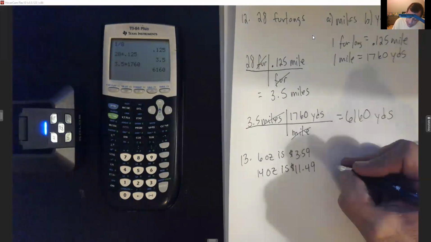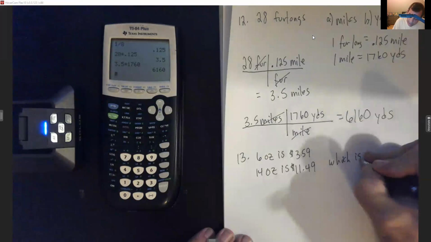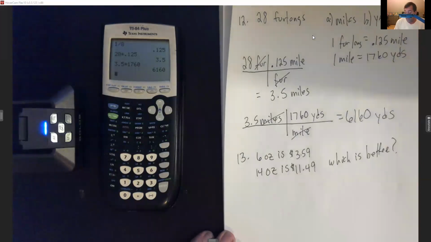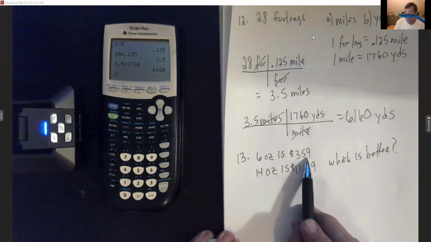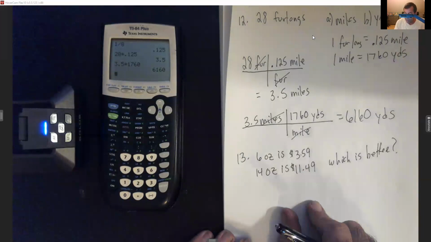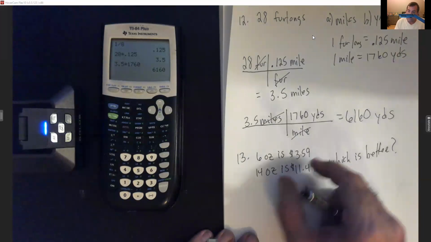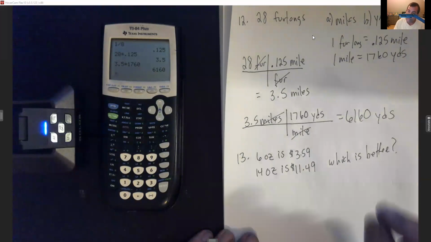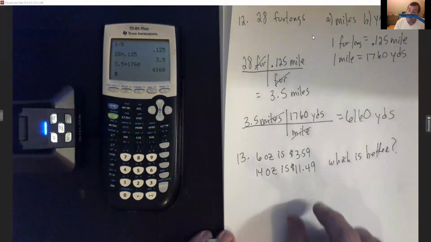Which is better? So really on this, you're going to take the price, divide by the ounces so that you'll have the dollars per ounce. Then you'll take this one's price, divide by the ounces, so you'll have the dollars per ounce. If we can get the dollars per ounce, we can see which one is the better deal.